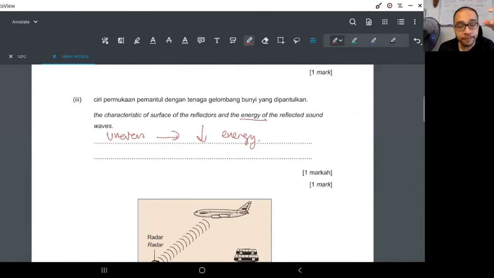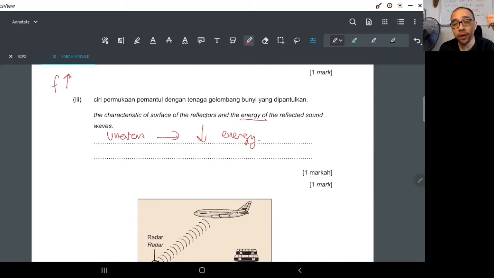Remember, people, the energy of the wave is dependent on two factors. Number one, the frequency of the wave. But actually more important than the frequency is the amplitude of the wave. You can be at a high frequency, like a high pitch voice.